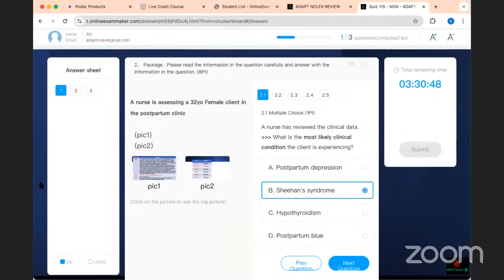This is common in pregnancy. That's why postpartum hemorrhage, hemorrhage during delivery, is a big problem. The most common cause is placenta abruption. When you have placenta abruption, this can happen. You have severe hemorrhage and you have infarct of the pituitary, and you develop Sheehan syndrome.